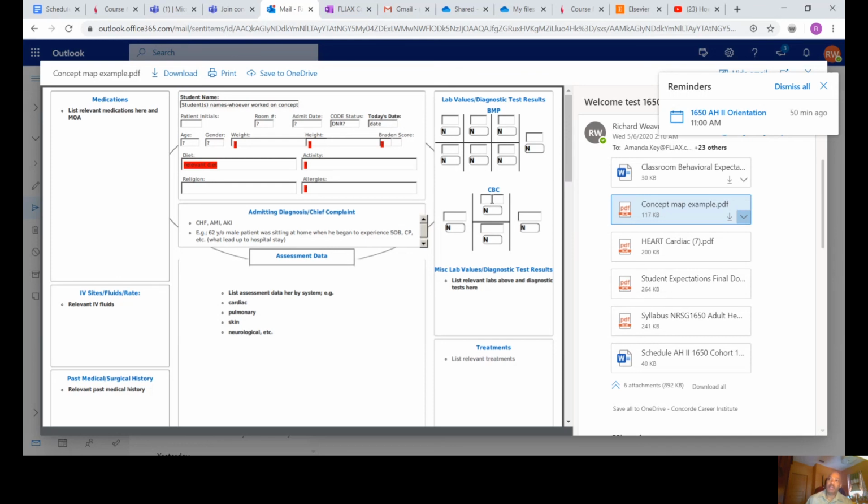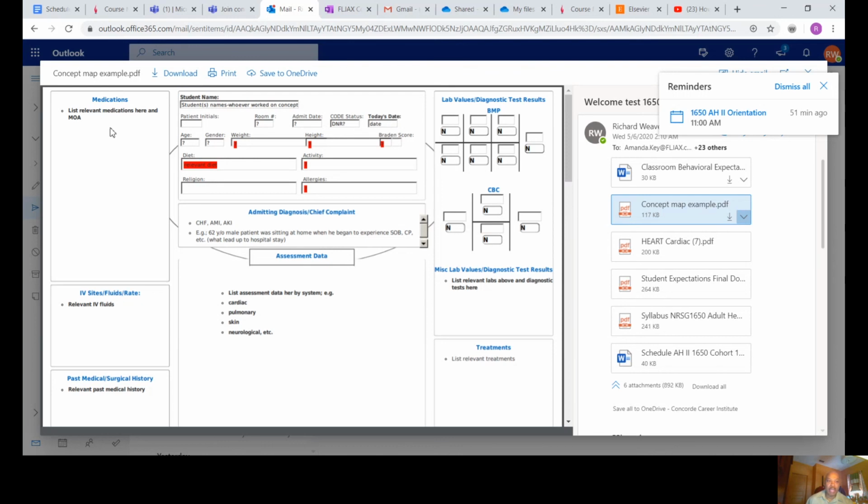So if the white blood count on a patient who has an infection, let's say it's 20K, there are actually arrows here that go up, down, meaning high, low, or normal. So you'll be doing a lot of that as well. We'll go over some of the concept maps in class the first time because I want you all to be able to see what it is I'm looking for.